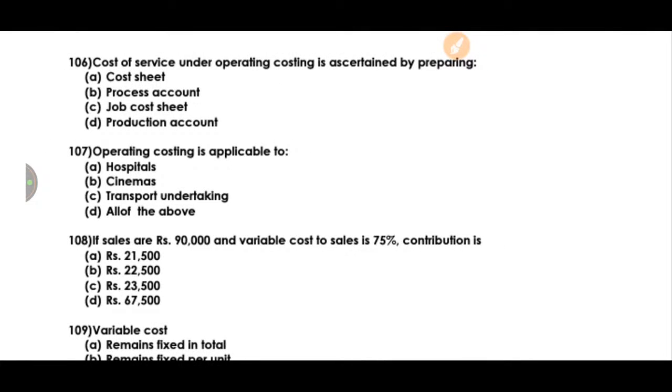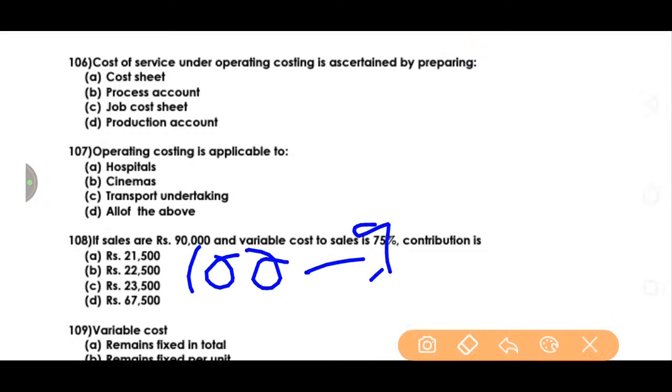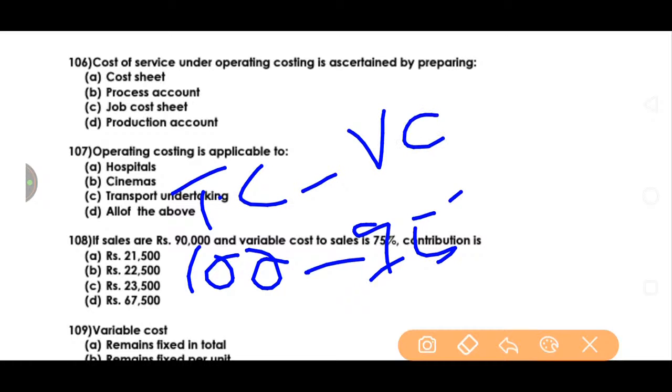So 90,000 sales, cost 25,000. So remaining: 25% of 90,000 is 25,000, 100 minus 75 that we got. Total cost is 100. So total cost 100 minus variable cost, we got 25%.